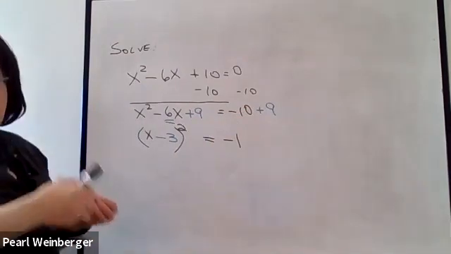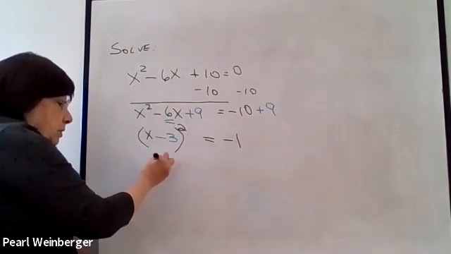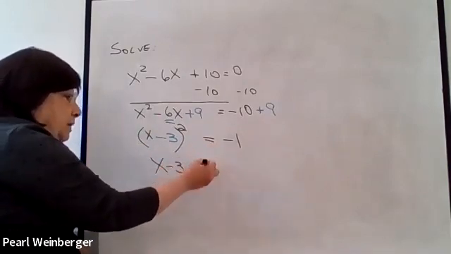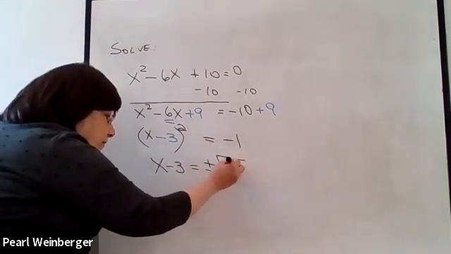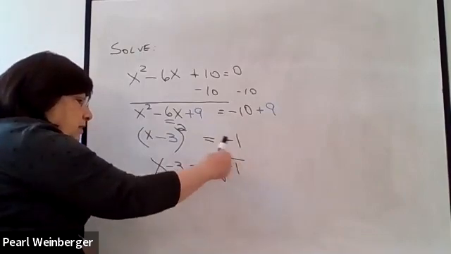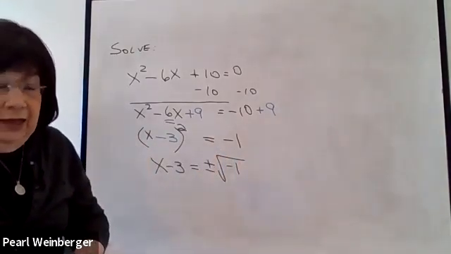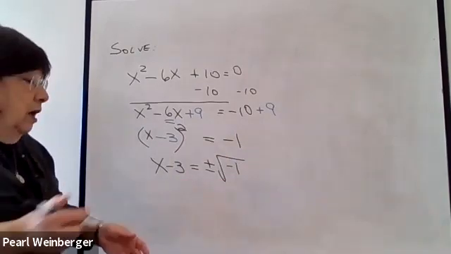And now I take the square root of both sides. So the square root of x minus 3 squared is x minus 3. And this becomes plus or minus the square root of negative 1. And again, this number has a negative in it. It means it's going to be an i. As a matter of fact, the square root of negative 1 is i.